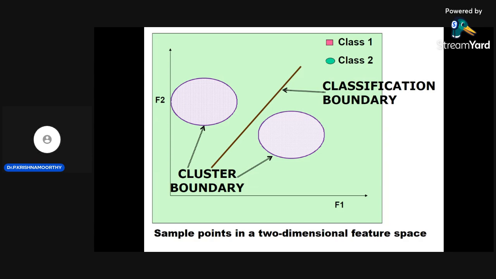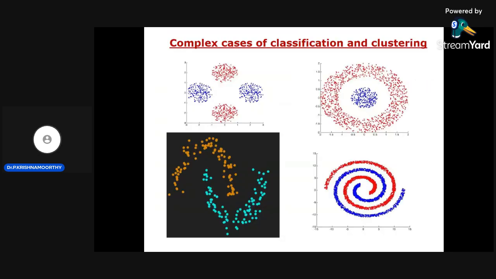F1 and F2 are the two-dimensional features. Here we indicate clusters 1, 2, 3, 4, where we fix different ranges. These are all complex cases of classification and clustering.